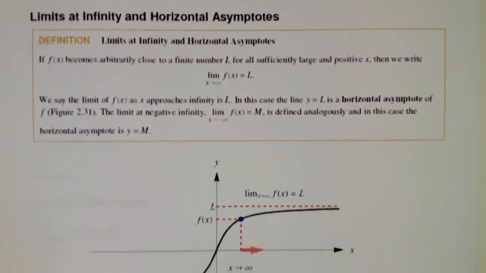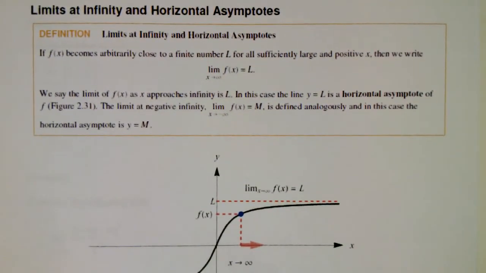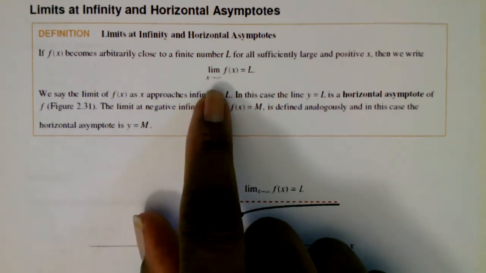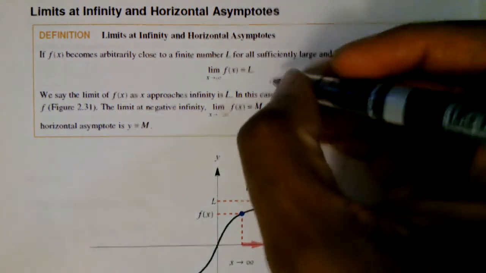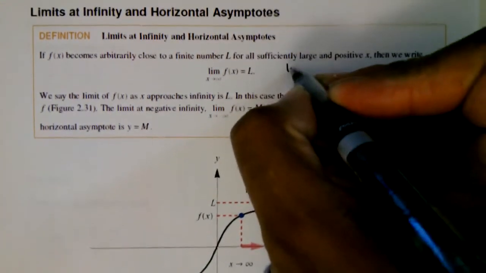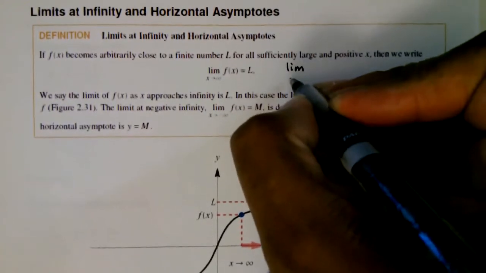Okay, so here is the definition. If f of x becomes arbitrarily close to a finite number L for all sufficiently large and positive x, then we write this: the limit as x approaches infinity of the function f of x equals L. And I might need to write this so that way you can see it.